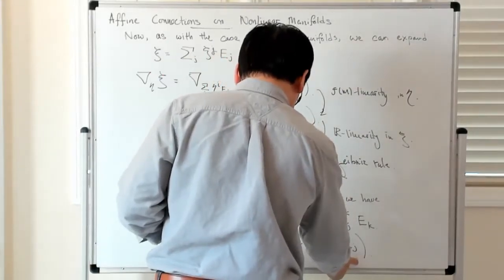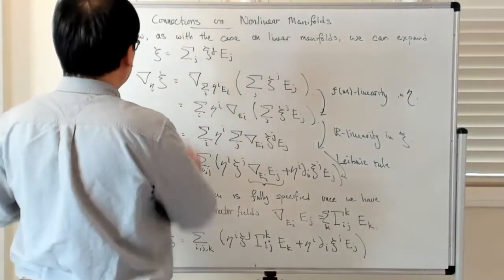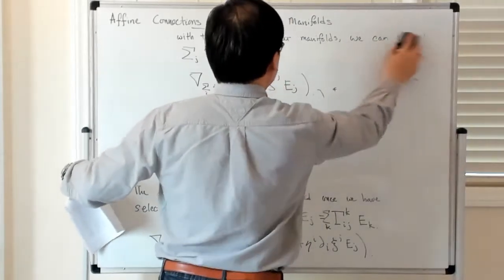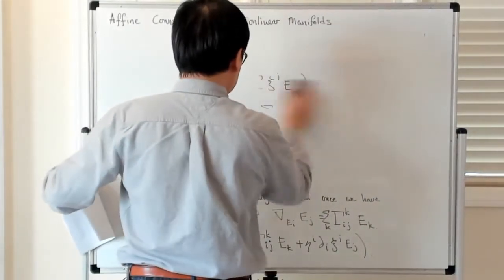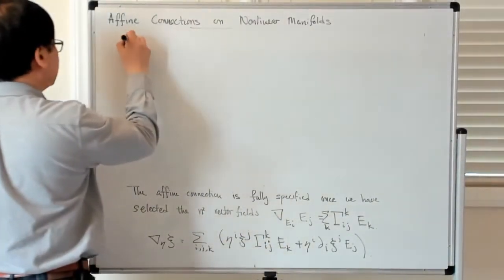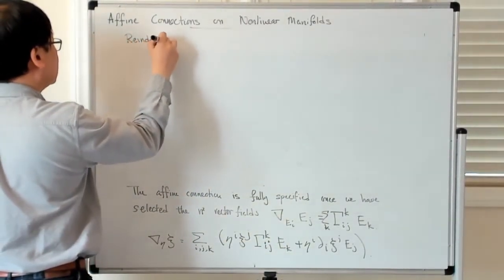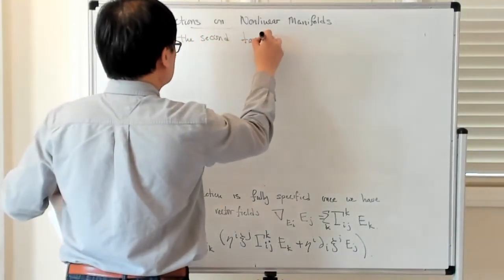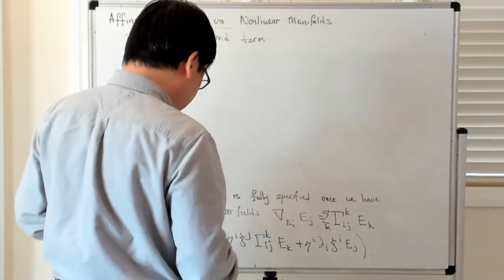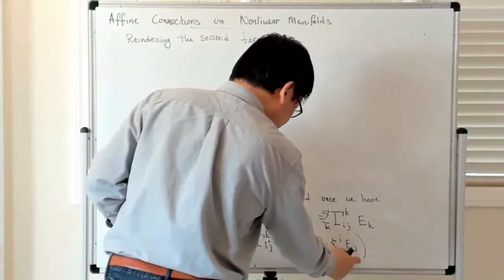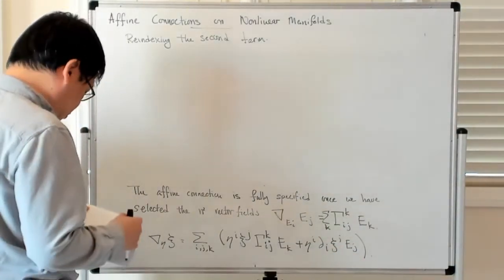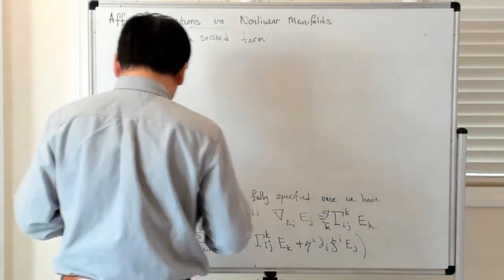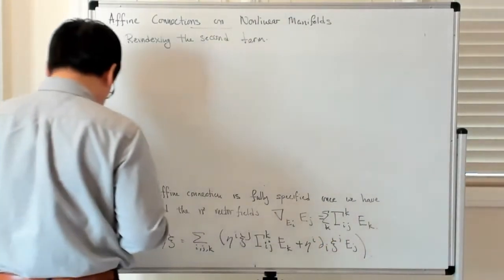And then I can re-index the second piece here, and re-indexing gives me the following. So re-indexing the second term. The reason I might want to re-index the second term is because I want this to be an E_k here, right? Or whatever you prefer. You want this to be the same in the bottom line.